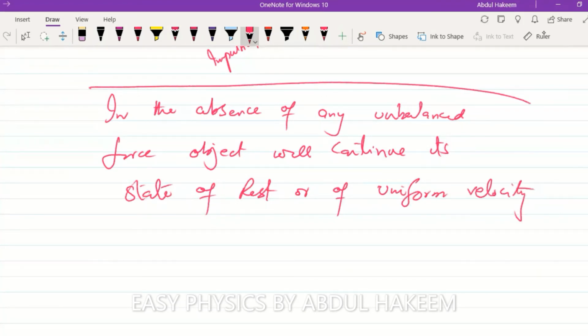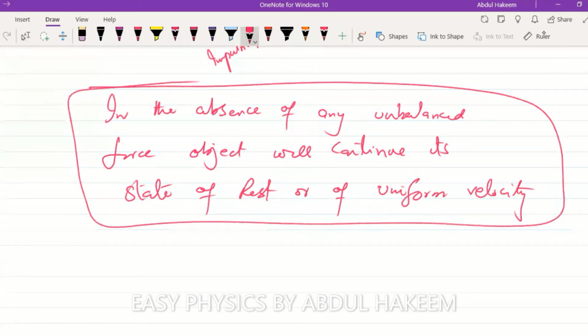So this is the statement, this is the definition of Newton's first law.